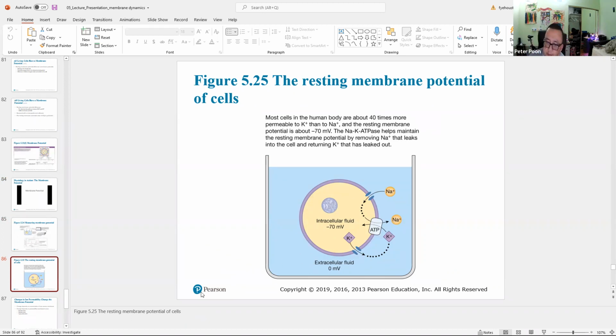Sodium is constantly leaking in a little bit. Potassium is constantly leaking out a little bit. So we spend a lot of energy actually maintaining this gradient.